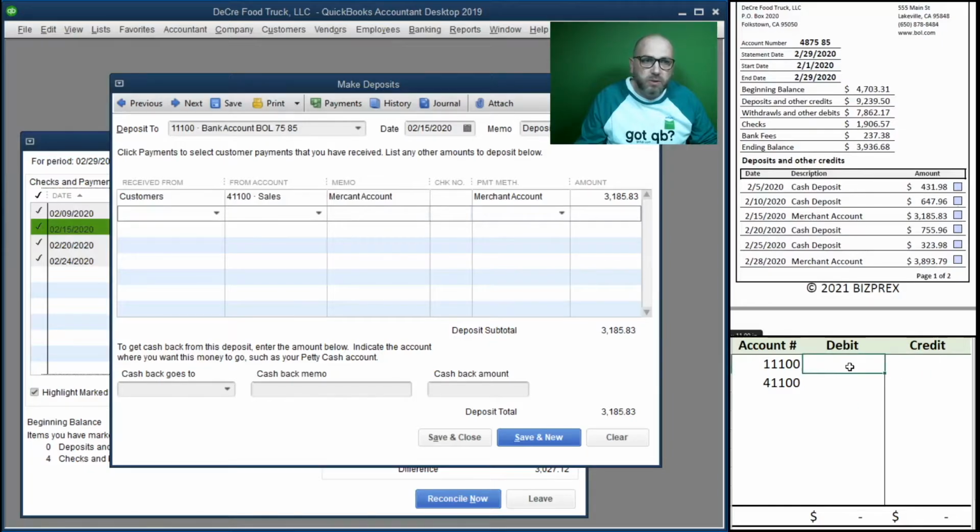Again, let's make sure we understand all the impacts. I'm going to do it here real quick. Okay, so what just happened, we essentially debited our bank account and we credited our sales account. Sales went up, bank went up. All right, everything is correct, so everything is in balance.